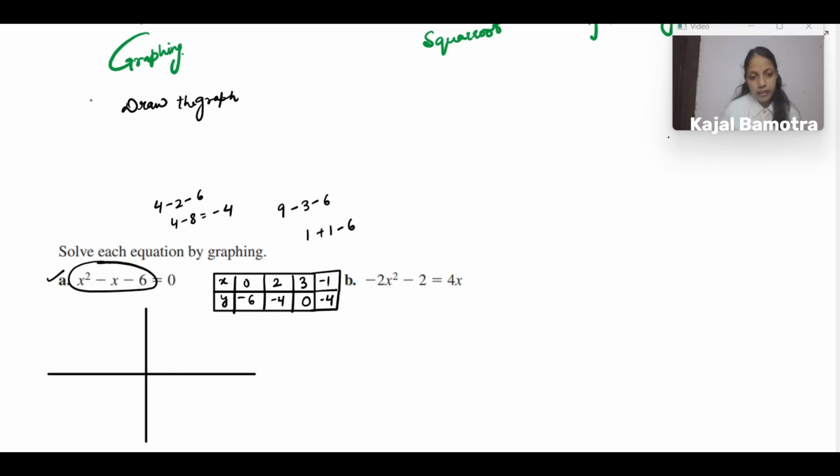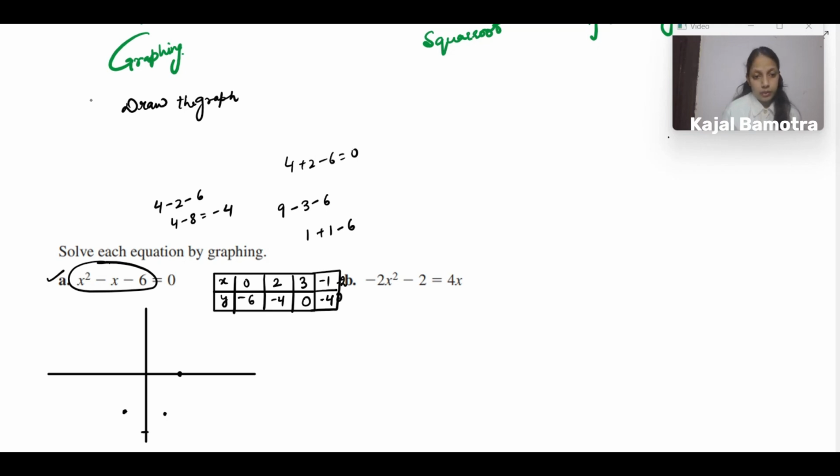If I draw, at 0 it's negative 6. At 2 it's negative 4. At 3 it is 0. At negative 1 it is this. Now you can check negative 2 as well. At negative 2, 4 plus 2 minus 6, so you will get 0 in that case.